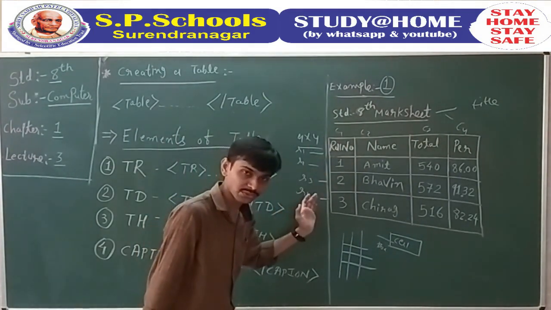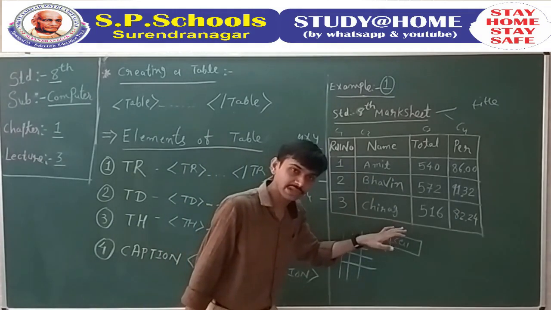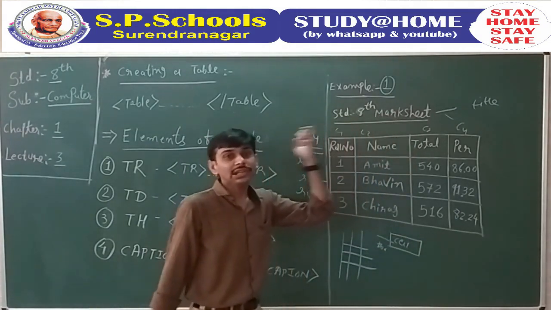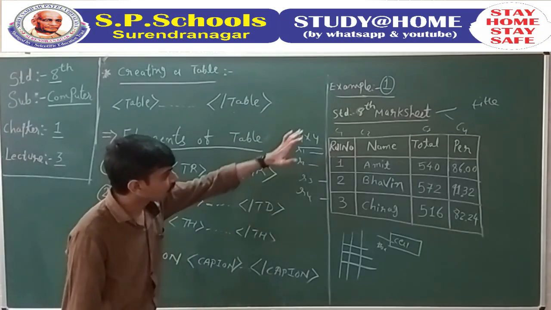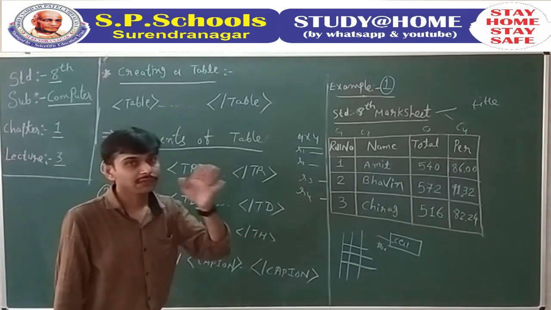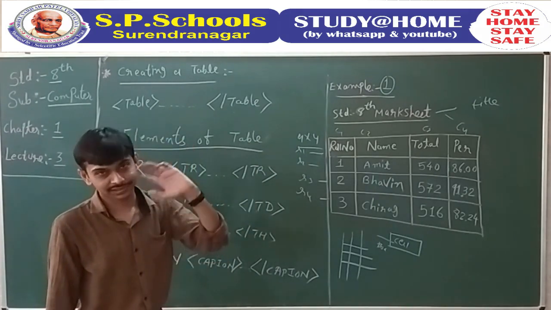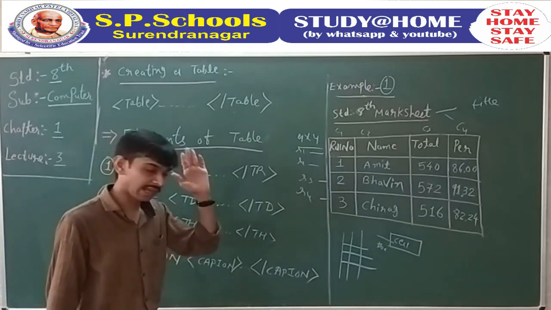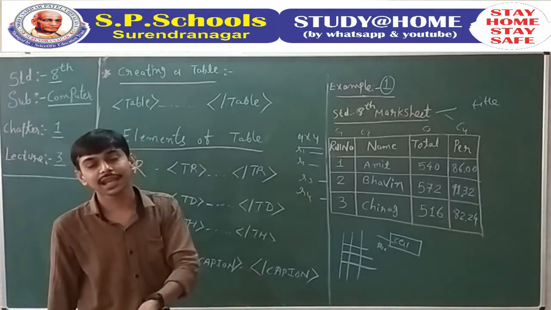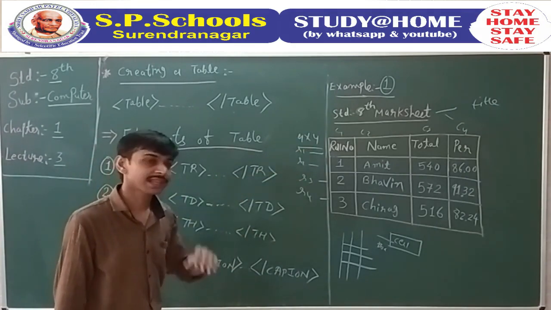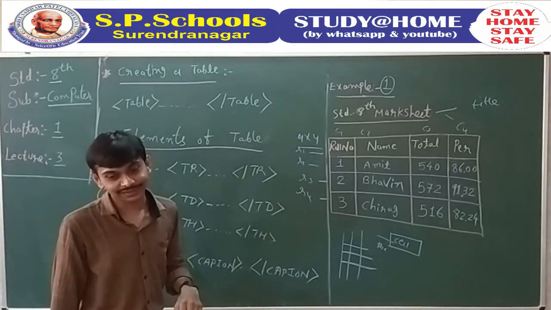There are 4 rows and 4 columns in our table and 1 title caption. So first, what do we do? From the beginning, we must know the HTML structure. Then we must know the elements of the table. Then we can create these examples in a practical manner.